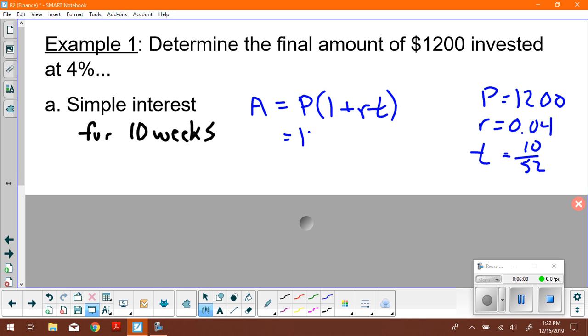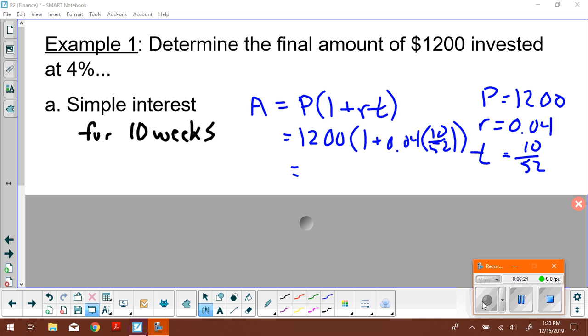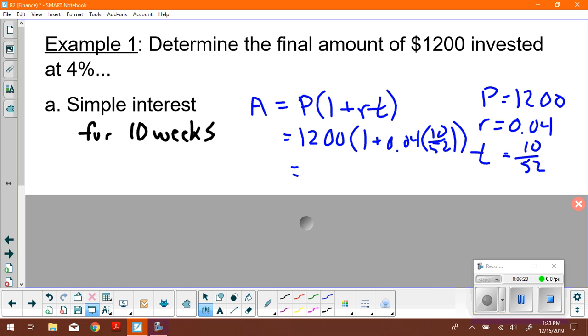Now we just fill it into our formula: 1200 times (1 plus 0.04 times 10 over 52). Then it's just a matter of running it through our calculator. Rounding off, I got $1209.23. So in 10 weeks, we've earned a little over $9 in interest.